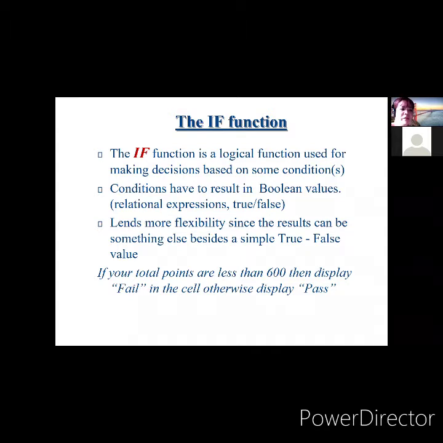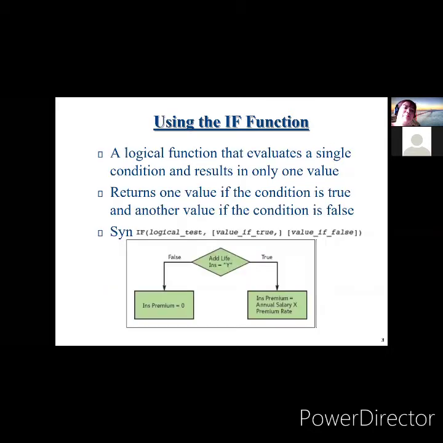Katulad ng example na ito, kaya pag nakita ng inyong Excel na siya ay less than 600, it will display the true statement na ilalagay ninyo or true instructions na pwede nyong ilagay sa IF functions. Otherwise naman, if it is false, if it is not less than 600, it will display pass. No? So, ibig sabihin nun, false, hindi siya less than 600.